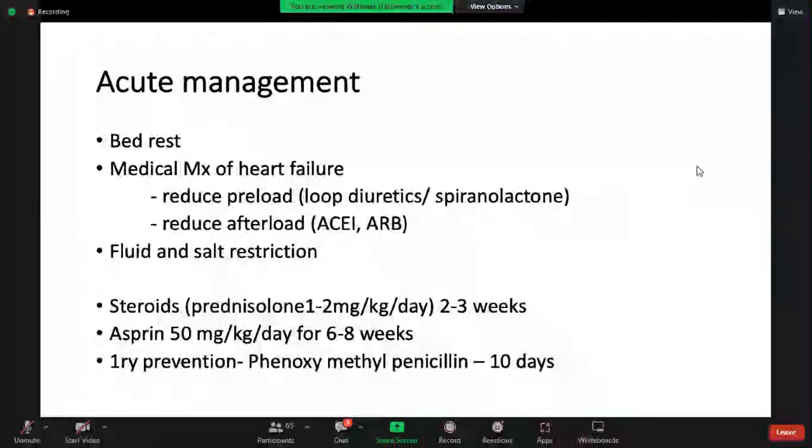So how would you arrange the long-term management here? This child is having a rheumatic valvular disease causing heart failure. What do you have to do in the future? You have to prevent further damage. Parental counseling regarding this disease and starting on prophylaxis continuously. Okay.